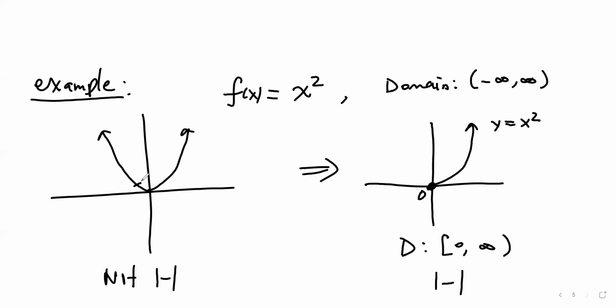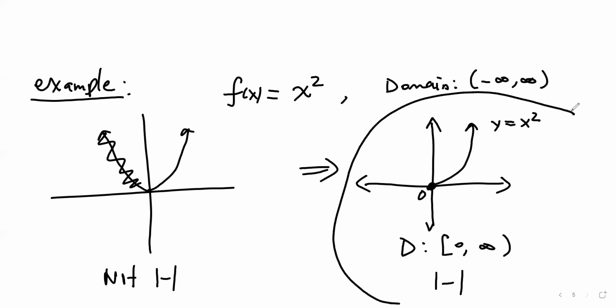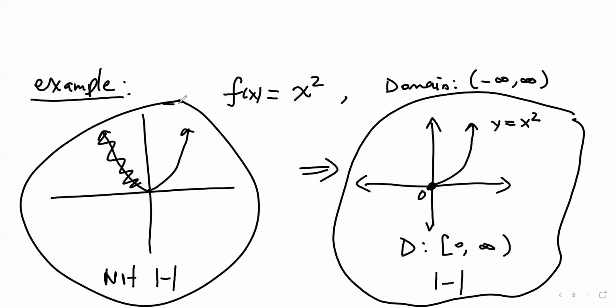I leave the other piece and take the piece on the left, it doesn't really matter. As long as I don't change the range of the function, I can always put some restriction on the domain so that the function can be one-to-one. But the range should not change in that case. Okay. So if I'm going to compute the inverse of this function, it has to be in this form, not this one, because this is not one-to-one.